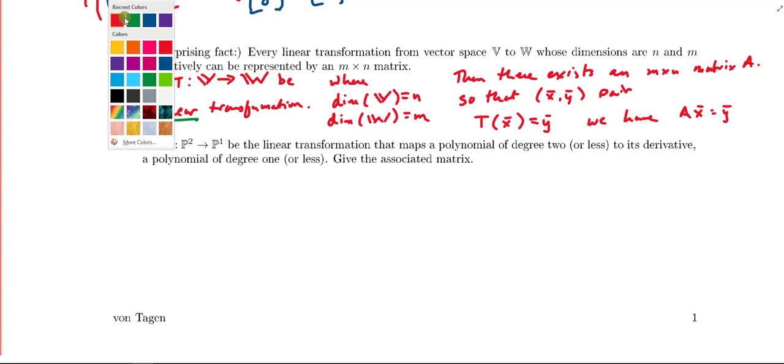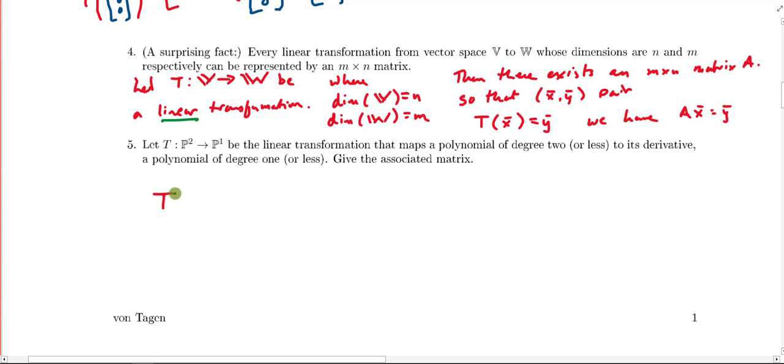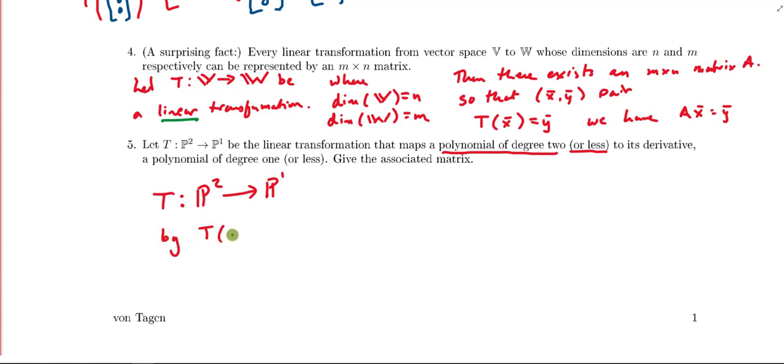So again, we've got this transformation T, which maps from P2 space. What is P2 space? Again, that's the space of polynomials that can be written in terms of degree 2 or less. If I don't have the or less, it's actually not a vector space. To the space of linear polynomials, these are all the equations that can be written in terms of degree 1 or less, by T of this polynomial, some f of x, that lives in this space, is equal to f prime of x.